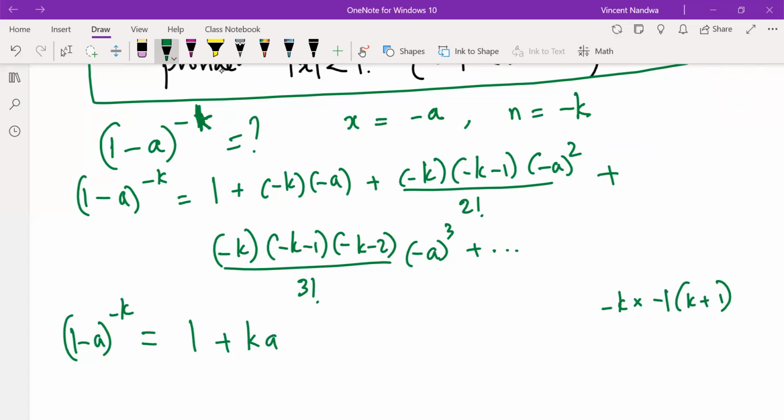And then minus a squared is just a squared divided by 2 factorial. You see this negative and this negative cancel out, so we just have k into k plus 1 divided by 2 factorial a squared. So this is how the third term will look.